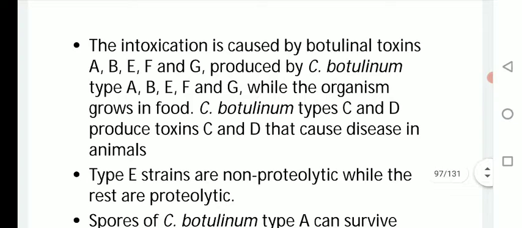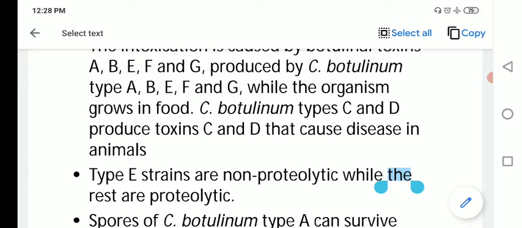So the intoxication is caused by botulinal toxins of type A, B, E, F and G, and those are produced by Clostridium botulinum type A, B, E, F and G, while the organism grows in food. Clostridium botulinum types C and D produce toxins C and D that cause diseases in animals.